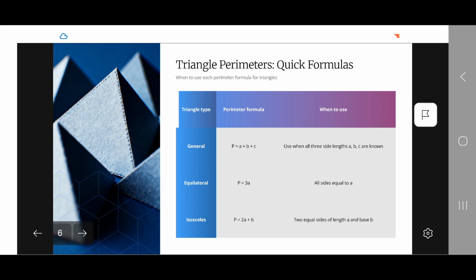On the top left, put triangle type. On the next right, put perimeter formula. And then when to use.